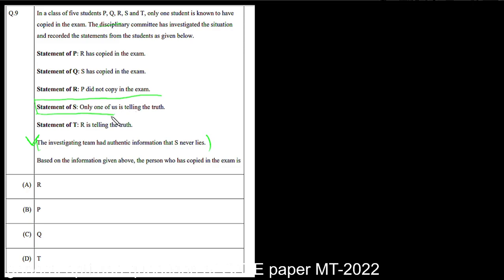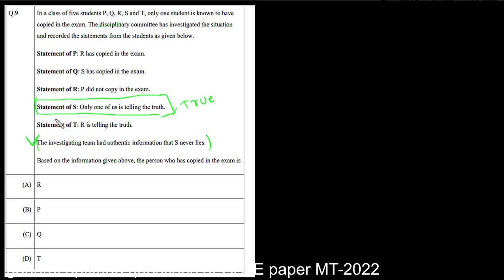So now we have to make this statement true. The first condition is that this statement is true, and now we are moving to the statement. What is the statement actually? This statement says only one of us is telling the truth. So now two things are combined.